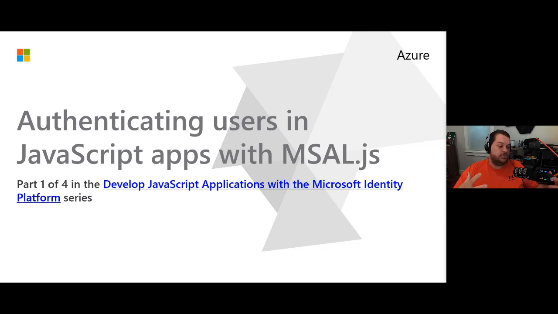It's the cornerstone of everything we're going to talk about throughout this entire series. So if there's one session you're going to attend, that would be today's session, where we talk about the Microsoft Identity Platform, how to authenticate to it, how to get a token from it, and how to connect to another service from here. This is a four-part series, so we're going to take everything that we learned today and build upon it in the next 3 parts of this series.